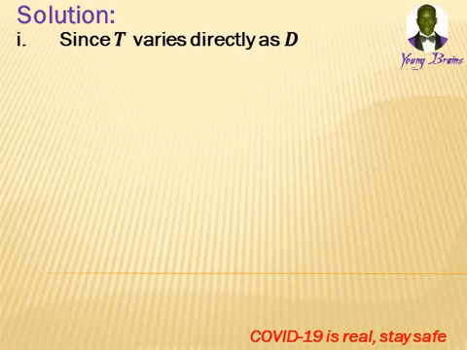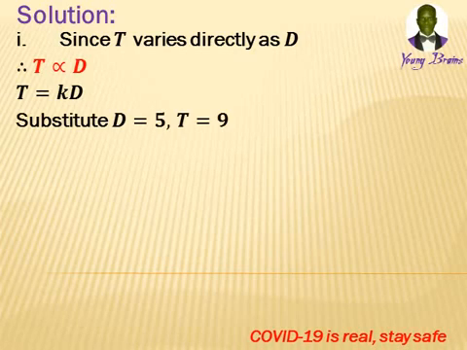Solution. Question 2, Roman figure 1. Since t varies directly as d, we can write t is directly proportional to d. By introducing constant k, we then have t equals kd. After getting this, we substitute for the values of d and t as given in the question. d equals 5, while t equals 9. We now have 9 equals 5 times k.